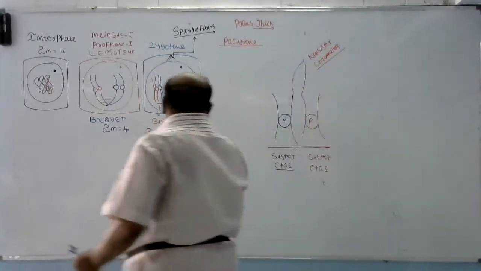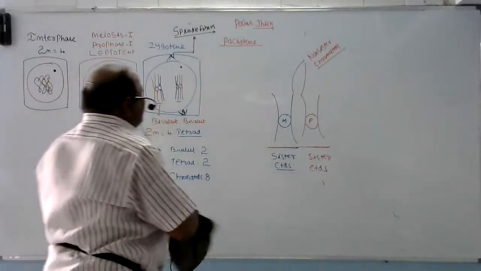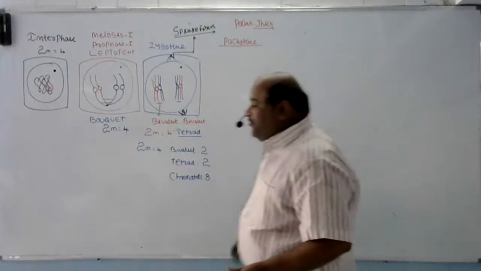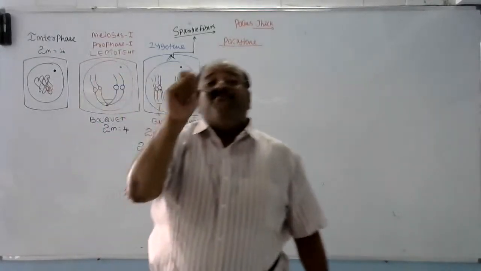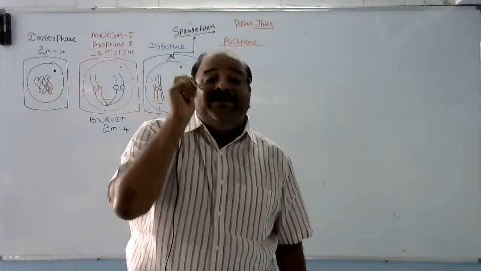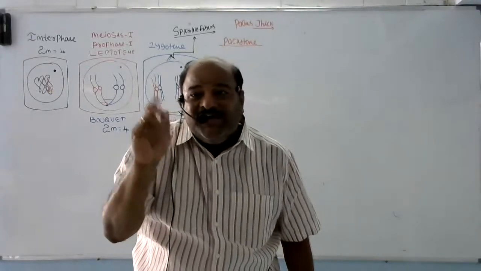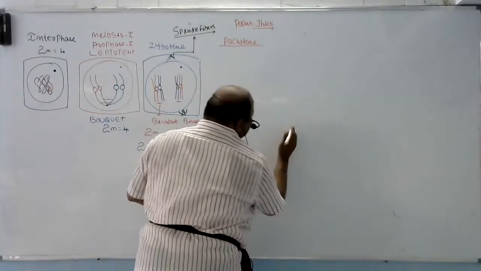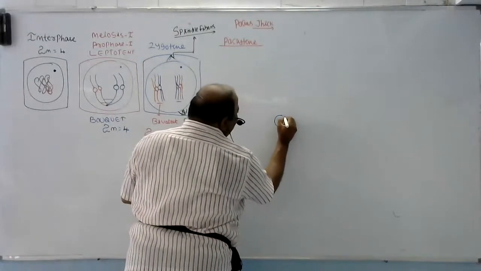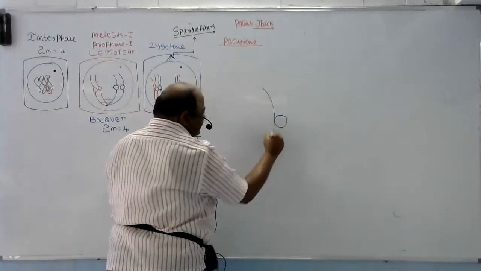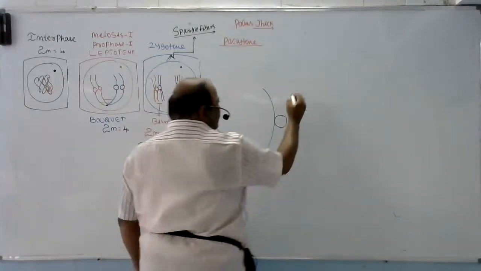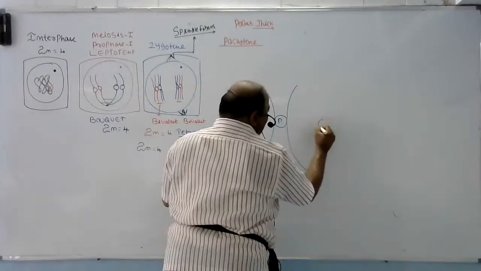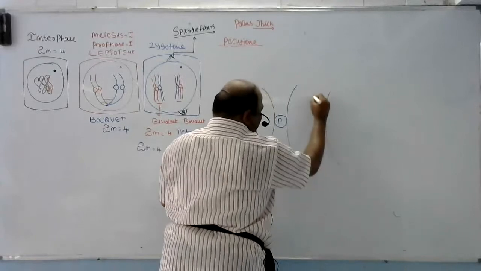Now, during the pachytene stage, all of you look very carefully. There is an exchange of chromosomal material between the non-sister chromatids. This is, for example, the paternal chromosome and the maternal chromosome.